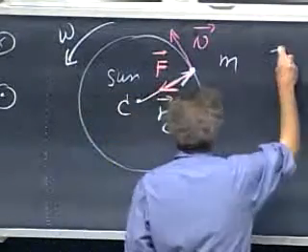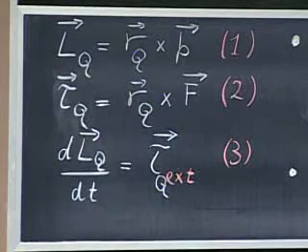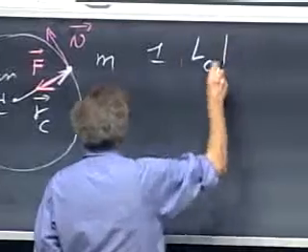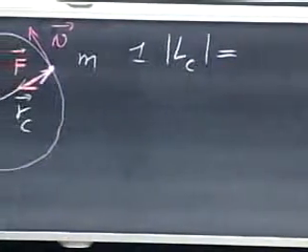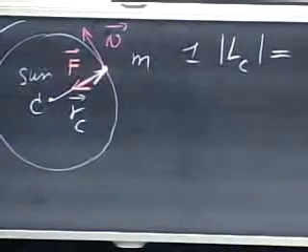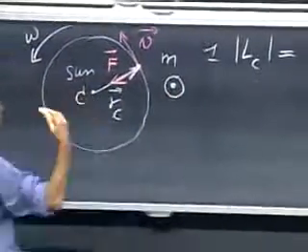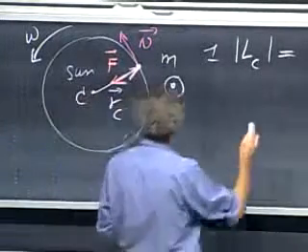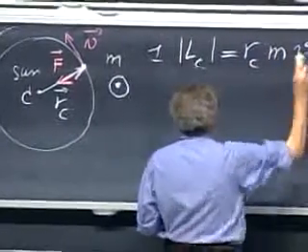Well, go to equation number 1. And the angular momentum relative to point C, L relative to point C, the magnitude, because the direction is clear, if it's going, as seen from where you are, counterclockwise, then the direction of the angular momentum will be pointing out of the blackboard. So I'm only interested in the magnitude. That will be r of C times the mass times v.